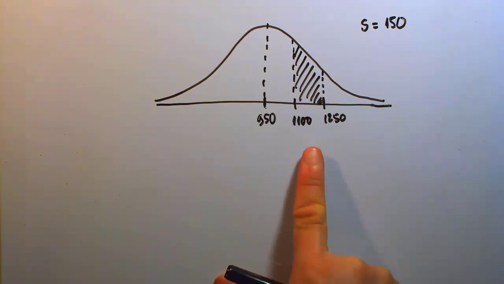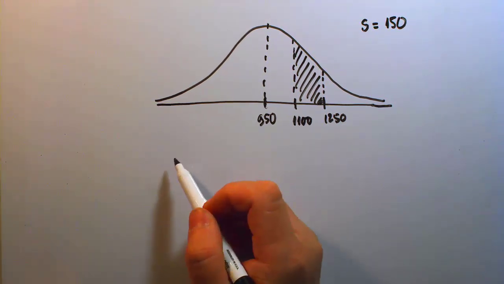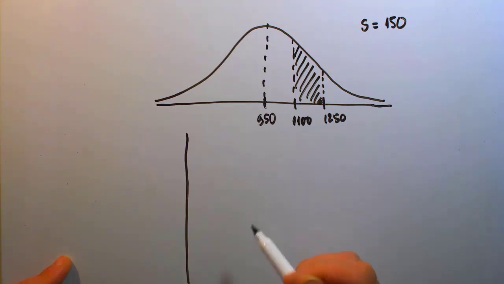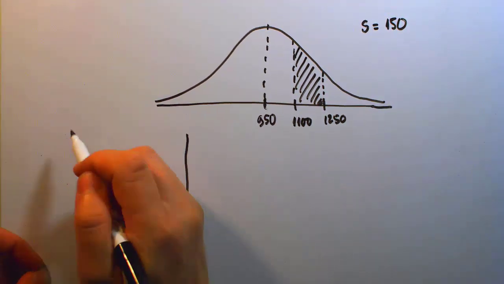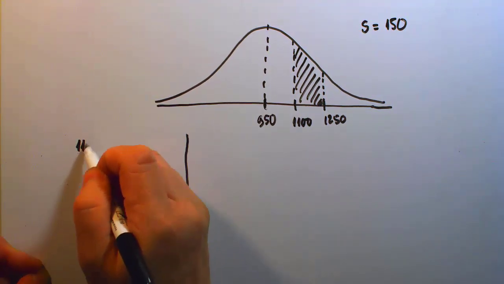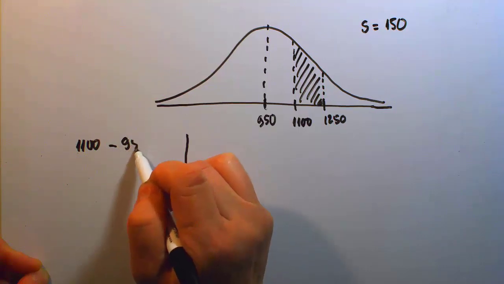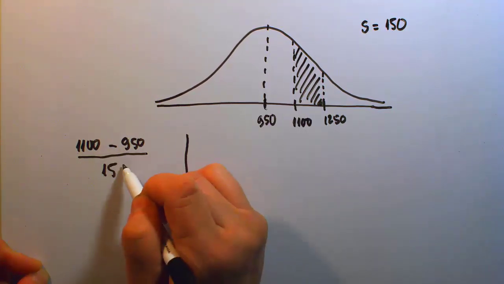Another common and good practice: after getting the shading down, I start calculating. For my low end, 1100, I subtract the mean value and divide by the standard deviation, 150.